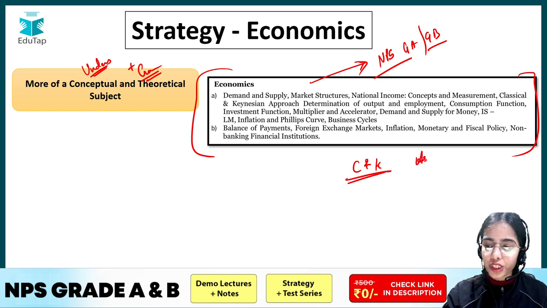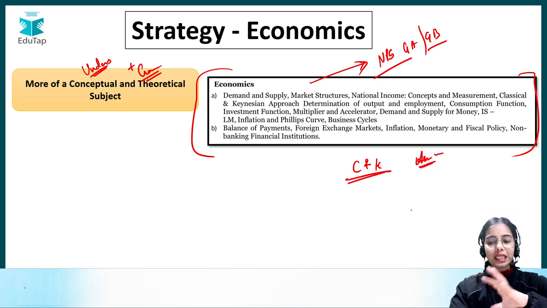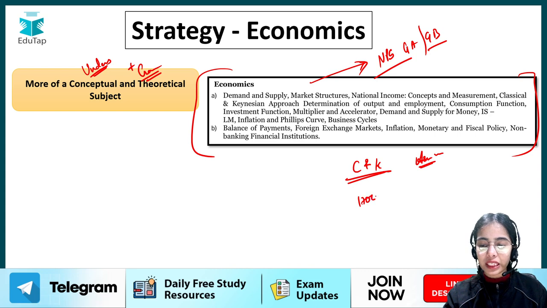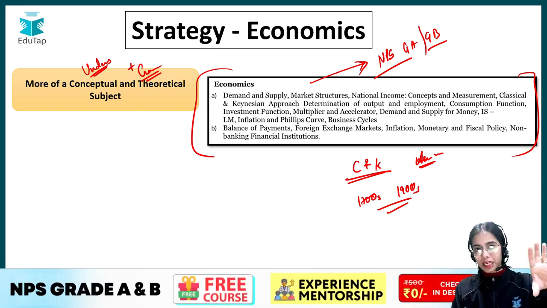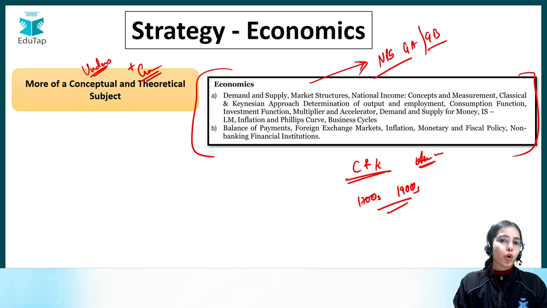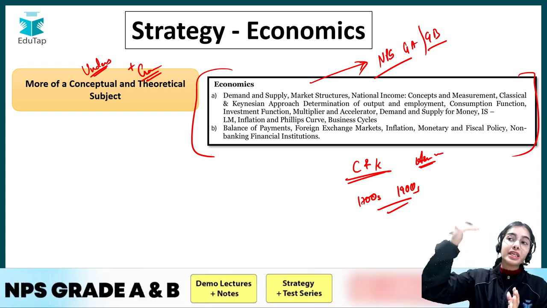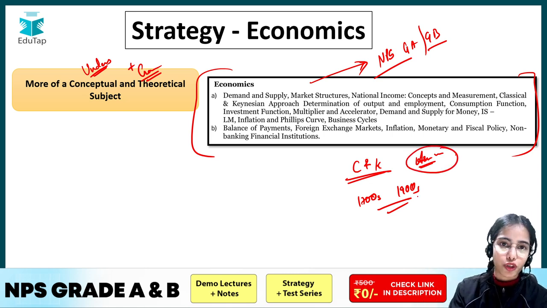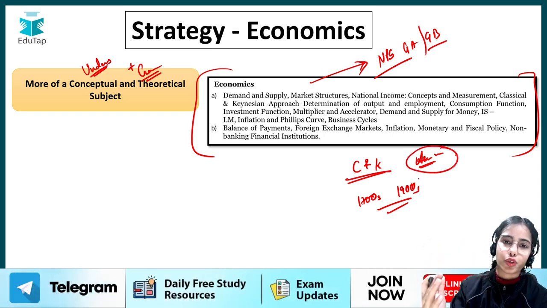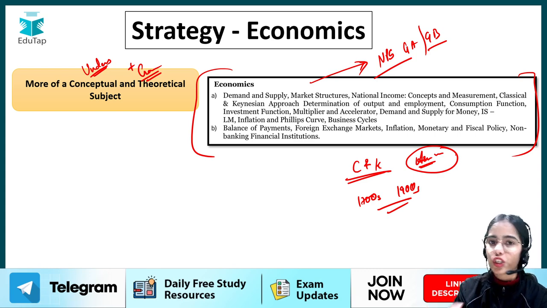Remember that these theories were given in the 1700s and 1900s, and the assumptions were taken as per the conditions of that time. We cannot change those assumptions because the theory has already been given in the past. So you will have to just cram the assumptions. In that you cannot change anything.